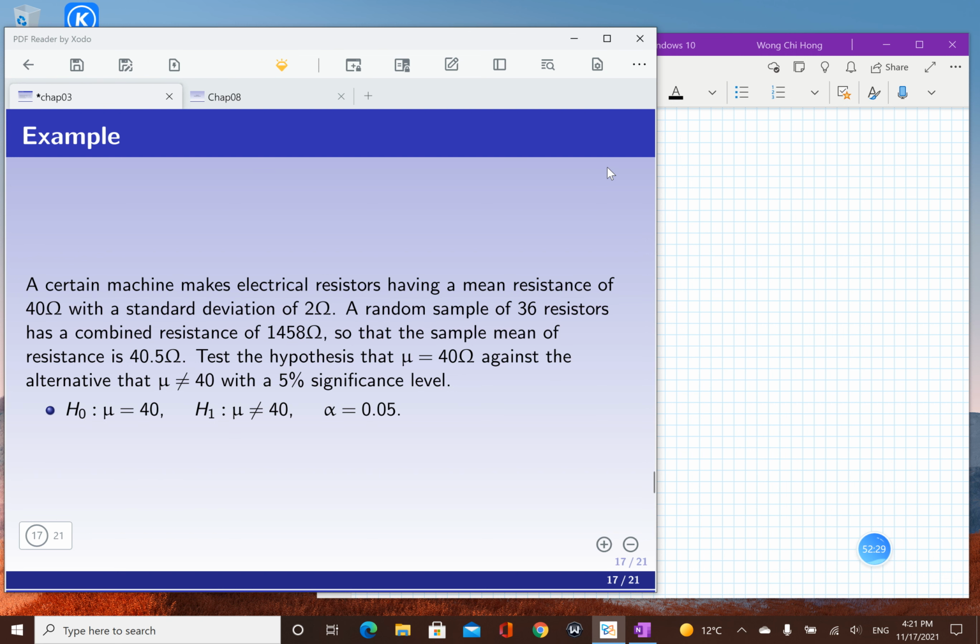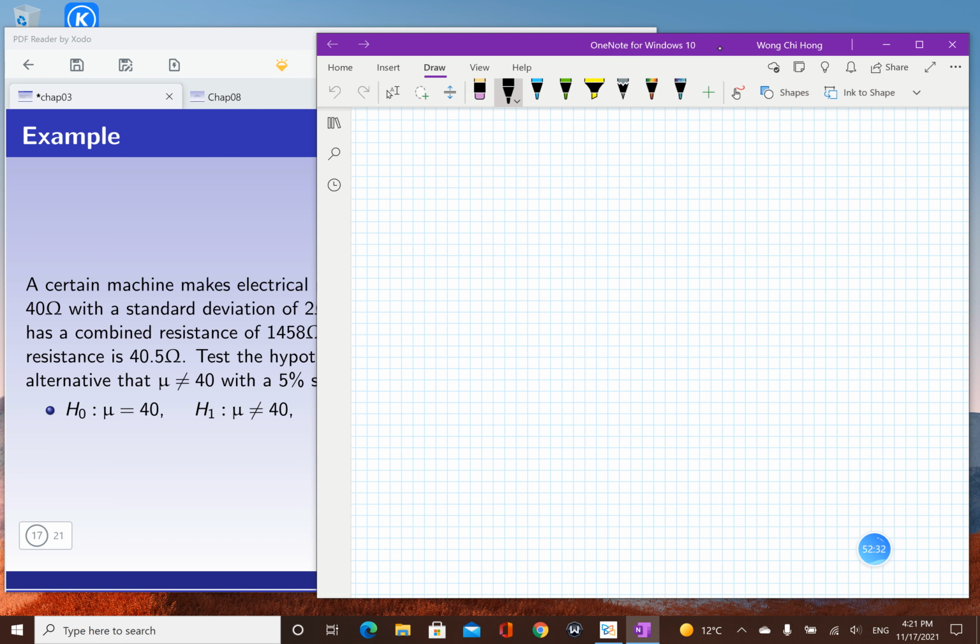So if you got one of those electrical resistors, I don't know if you still remember your electronics from school. That's your battery. Okay, honestly, I don't know much about physics and electronics, so that's all I have. So suppose that you have your thing here. How do you check the resistance of it? You've got your ammeter, and you've got your voltmeter.